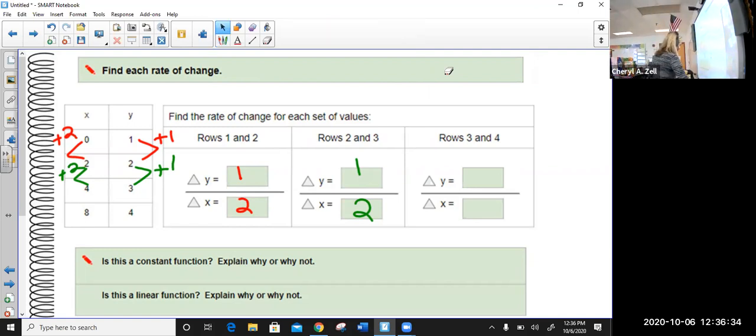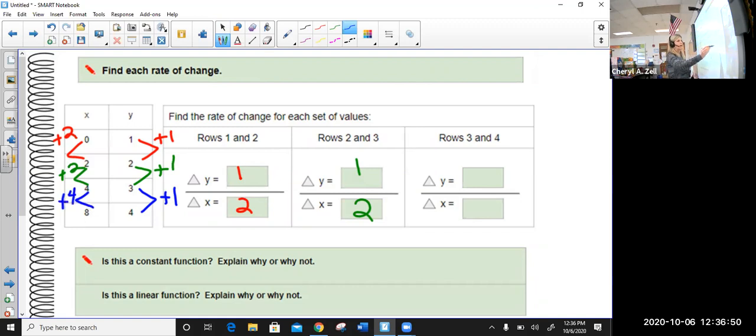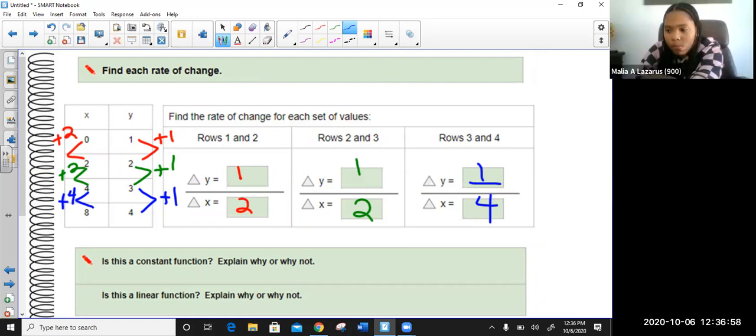What is the change in row 3 and 4? What are you doing from 3 to 4? +1. And then, oh, look at X. What's the change in X? +4. All right. Is this a constant function? Who can explain this one?